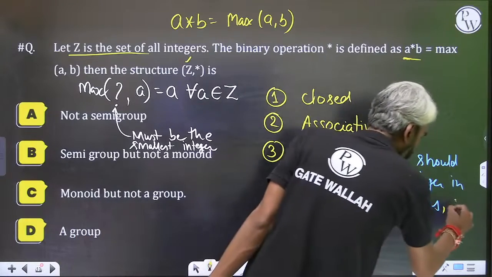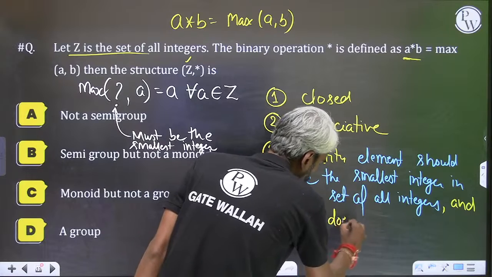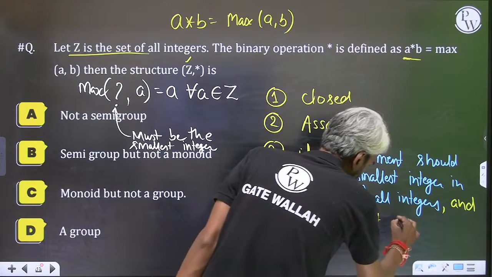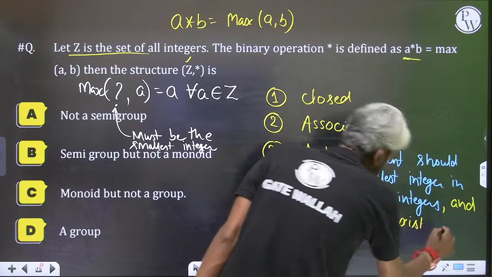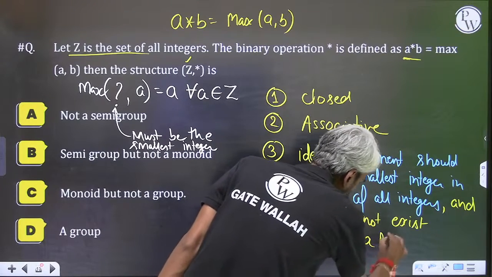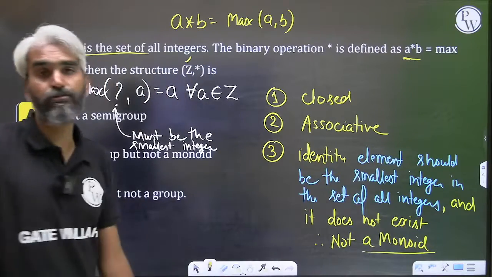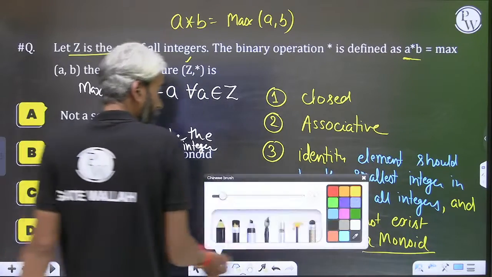And it does not exist. Not exist. Therefore, not a monoid. If the identity element is not present in the set, then it is not a monoid.